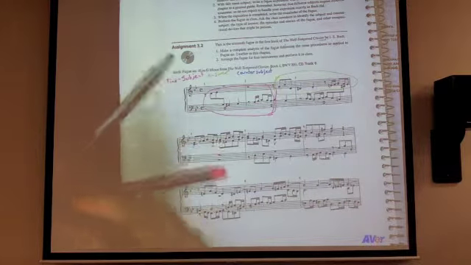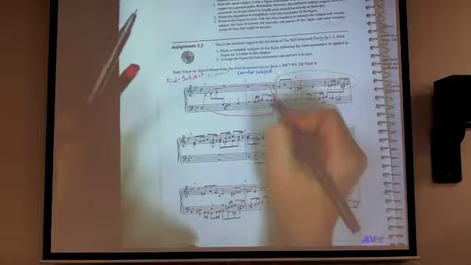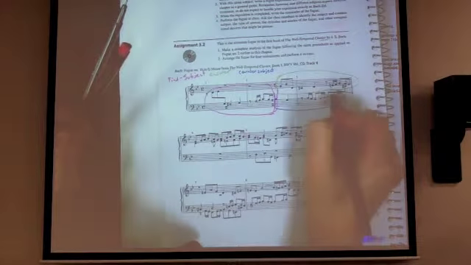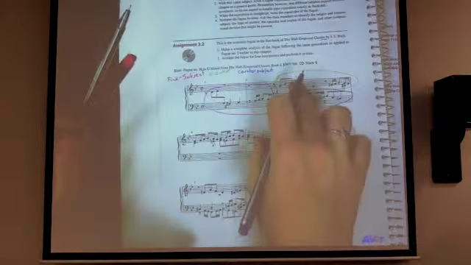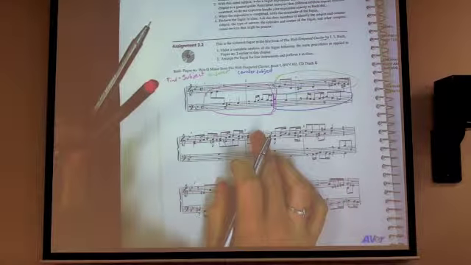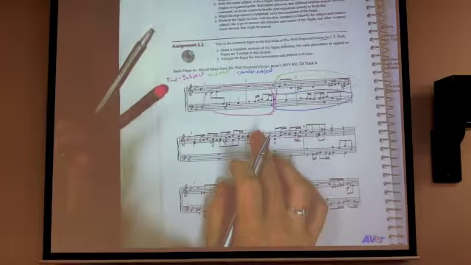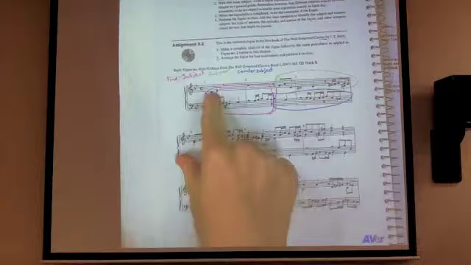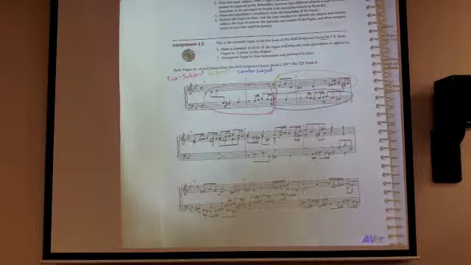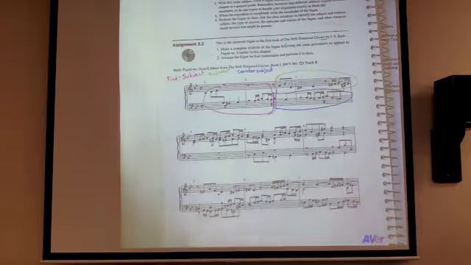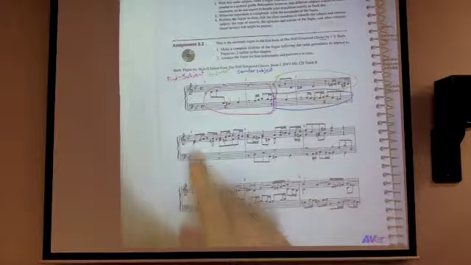And then our counter subject is the thing going on while our answer is happening, okay? So that's all it is. You notice it moves up a perfect fourth or down a fifth, that's just fine.